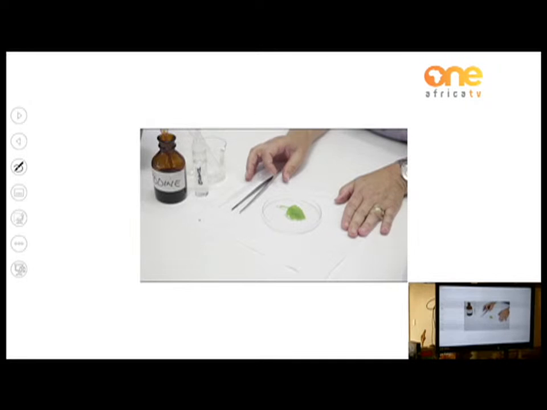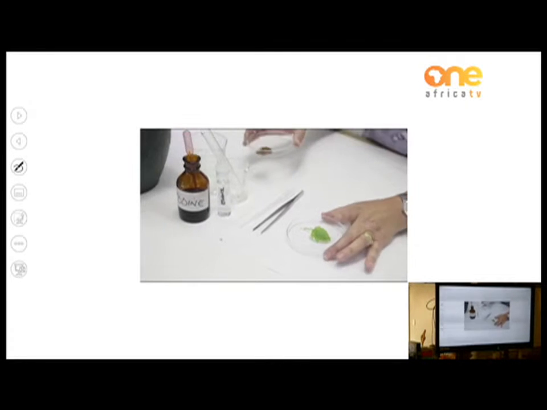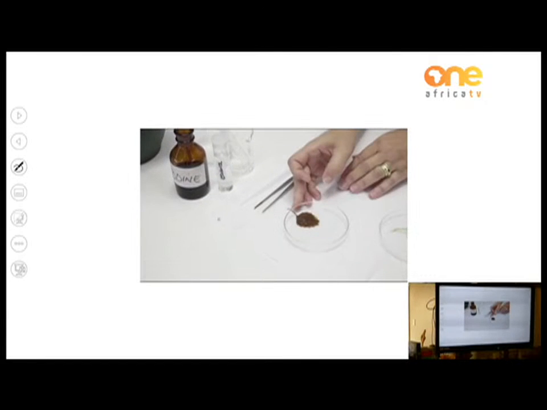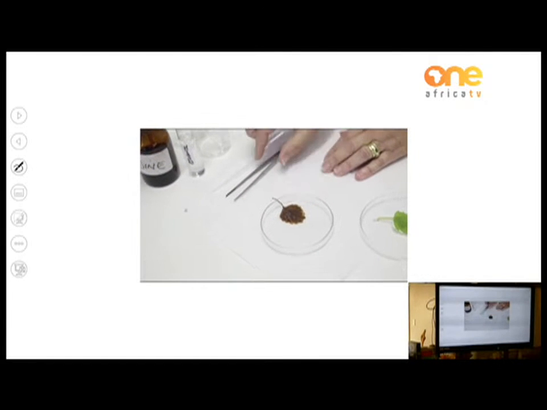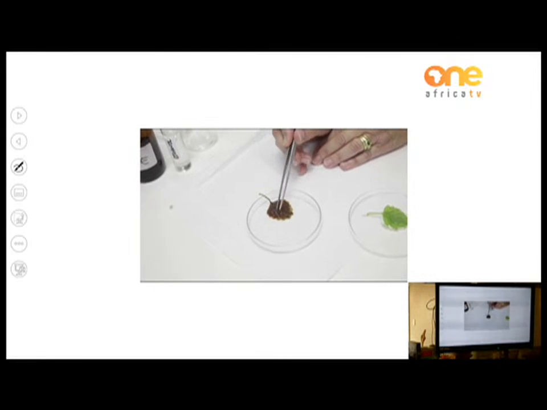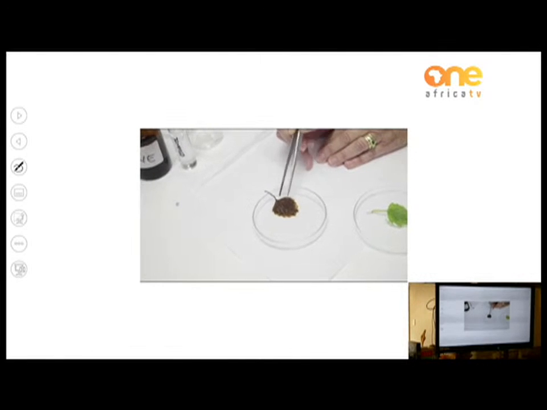Now, once we have done that and we have tested for the presence of starch and we have added iodine solution to the leaf after the test for starch, we will see that the parts that did contain chlorophyll have now tested positive for starch.